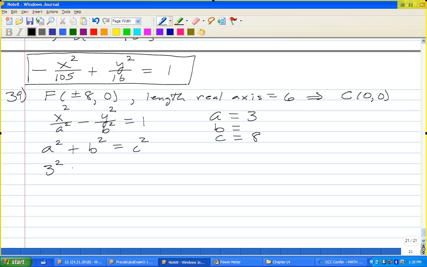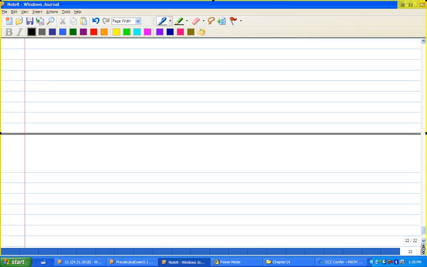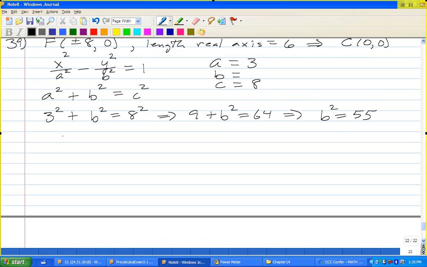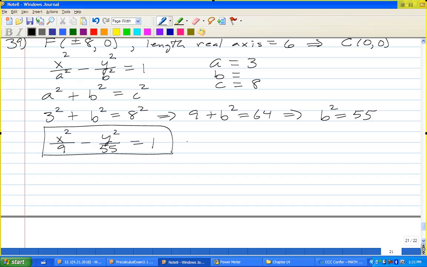And so 3 squared plus b squared is 8 squared. So 9 plus b squared is 64. Therefore, b squared is 55. And so the equation of my hyperbola is x squared over a squared minus y squared over b squared is equal to 1. And that is the equation of my hyperbola.